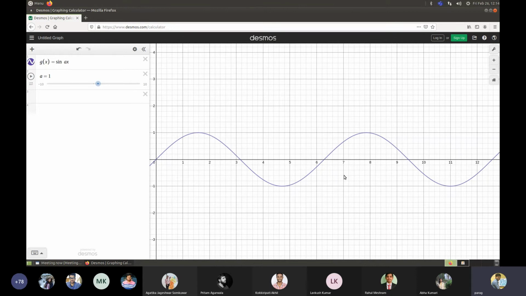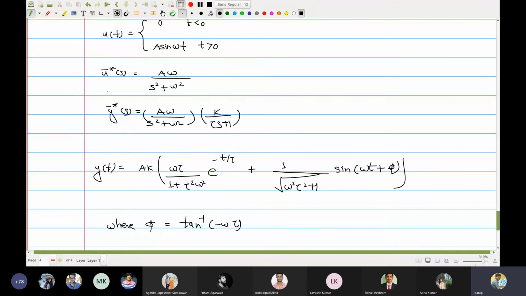So this is f of x equals omega tau upon 1 plus tau squared omega squared.